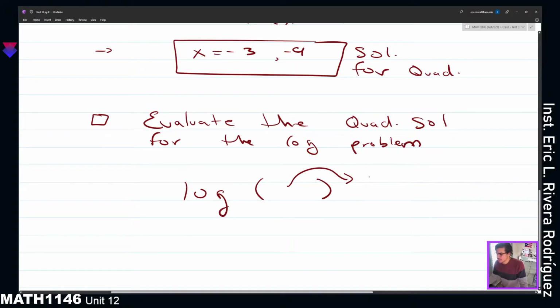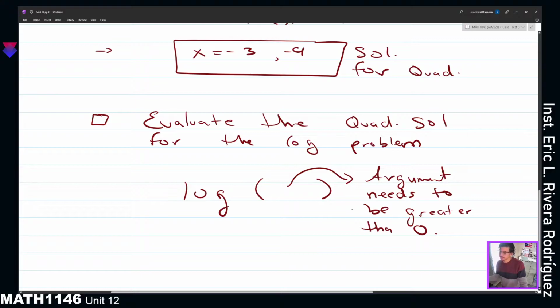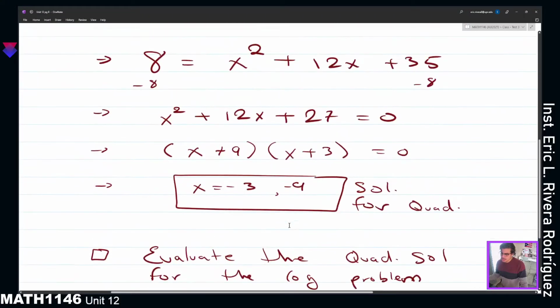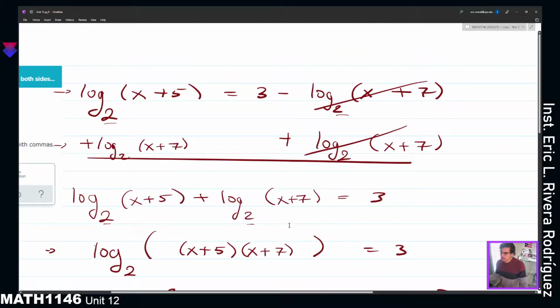So the restriction is the following. Argument needs to be greater than 0. Okay? So going back here, what argument do we have here?